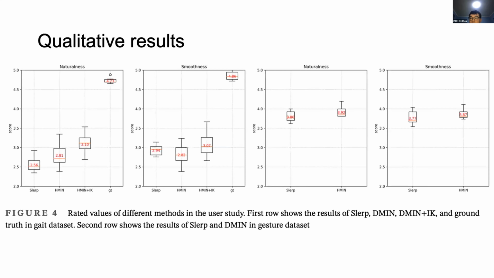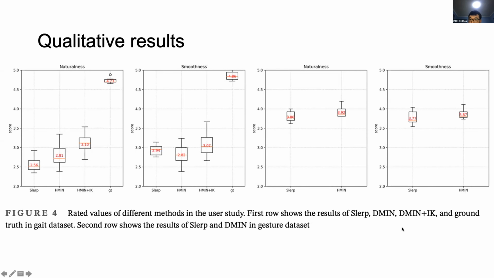And to verify the effectiveness of our method, we also conduct a subjective evaluation. A user study online was carried out to compare three conditions, including slerp, our network, and ground truth. And 31 participants were invited in the user study. After watching the video, they were instructed to use a 5-point Likert scale to rate the naturalness of the animation and the smoothness of the animation.